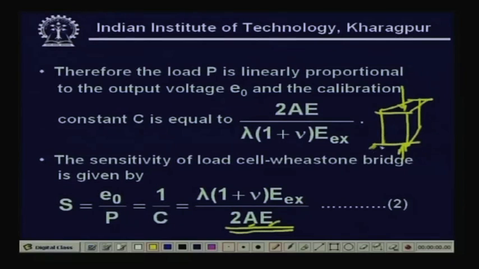Usually you fix this point and give a force on this side, and the load cell should not take a shape like this, because that will create problems. If you decrease A and E too much, there is a chance of such deformations, which will make our equations no longer valid in those situations.